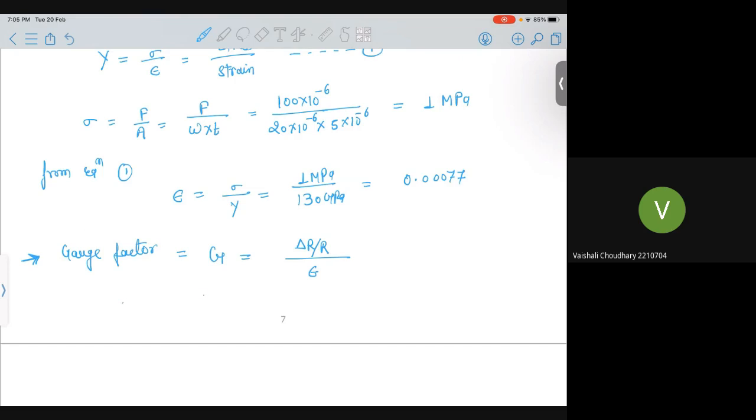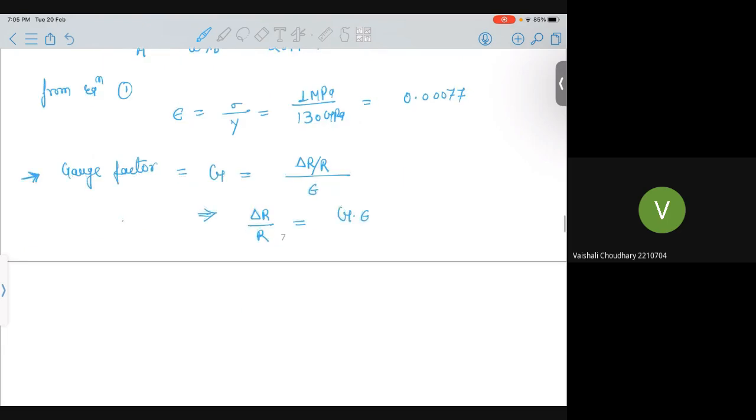Or we can write it as delta R by R is nothing but G times strain.